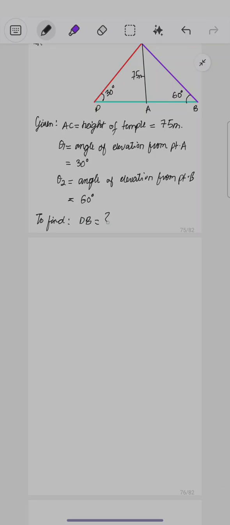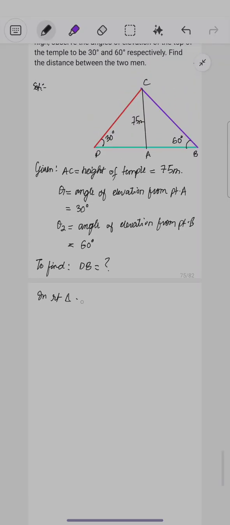In right triangle ADC, angle D is 90 degree.